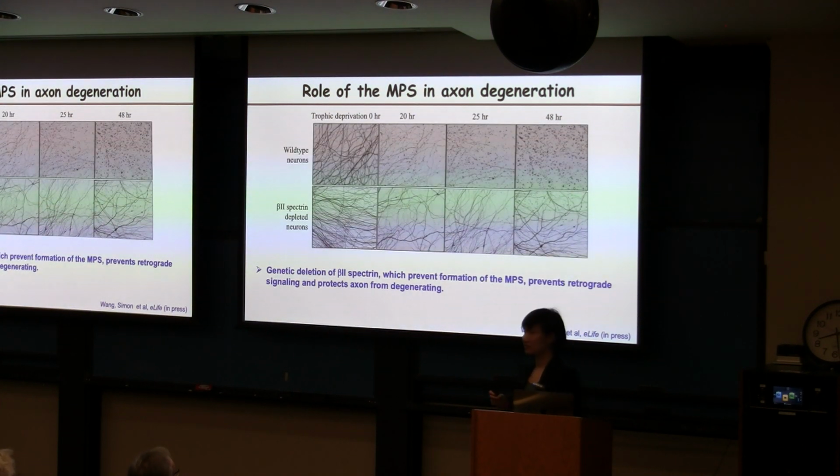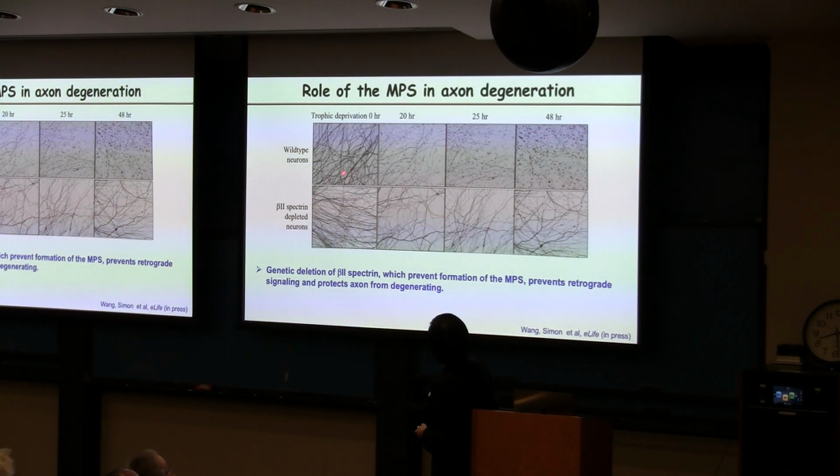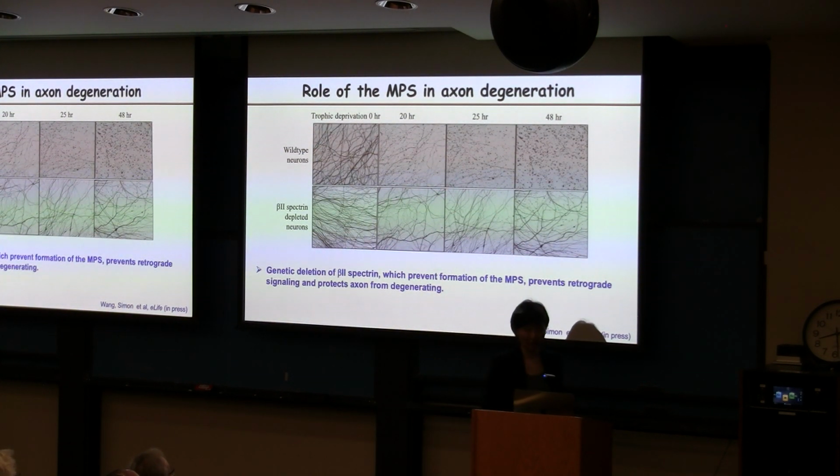And if that's the case, if you completely remove the structure, you should also not have axon degeneration. And indeed, if we genetically deplete beta-2 spectrin, you can see that normal axons degenerate, and in these beta spectrin depleted neurons, degeneration no longer happens, and retrograde signaling no longer happens.